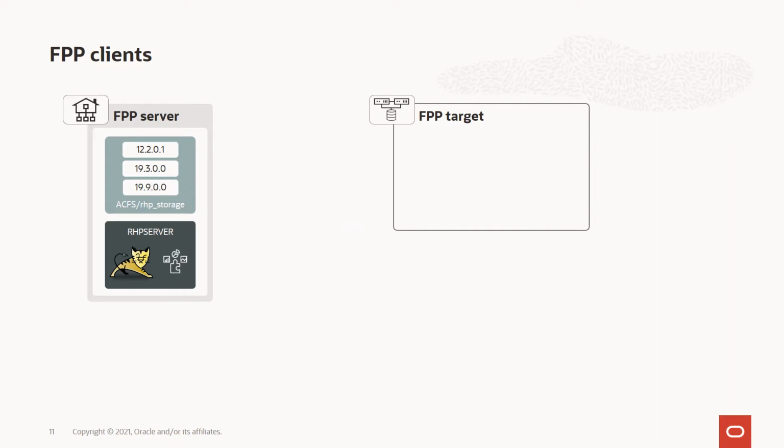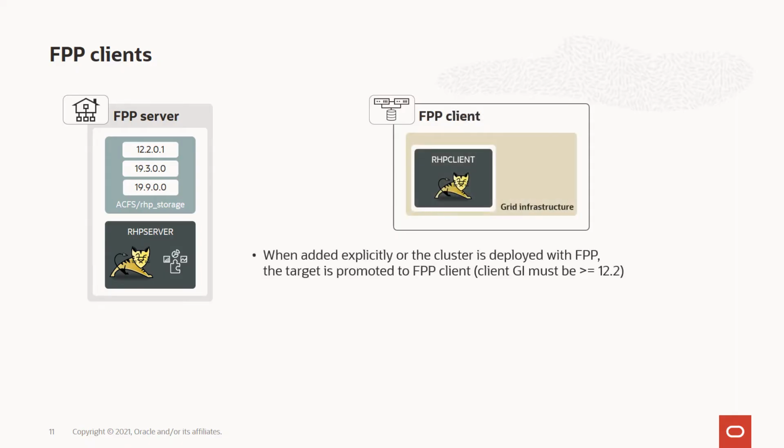But let's say we have targets that don't need to have any special software on them, but we might also have targets that have grid infrastructure on top of it. If we have grid infrastructure servers, we can configure an additional component called RHP Client.